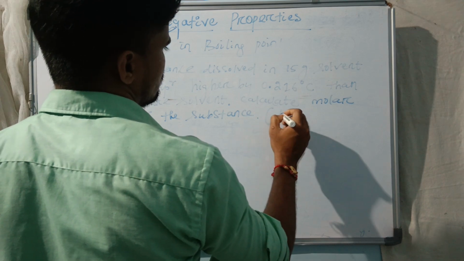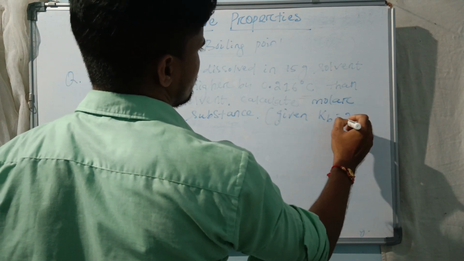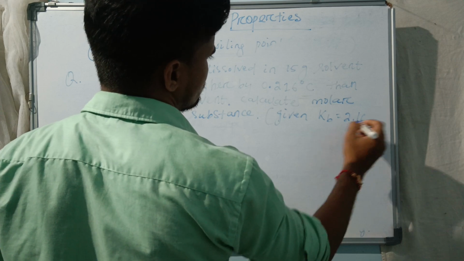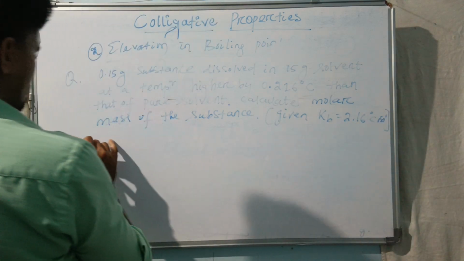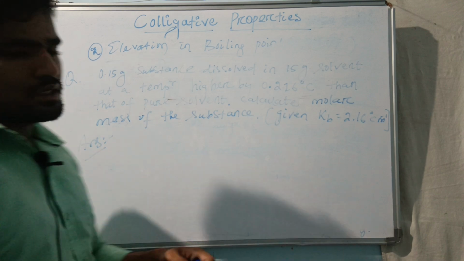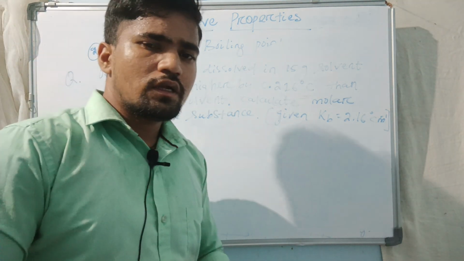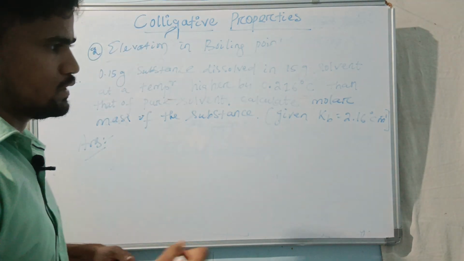Given Kb is equal to 2.16 degree Celsius per molal inverse. So for the answer, you must try it yourself: pause here and try. After that you can check the solution and match it.